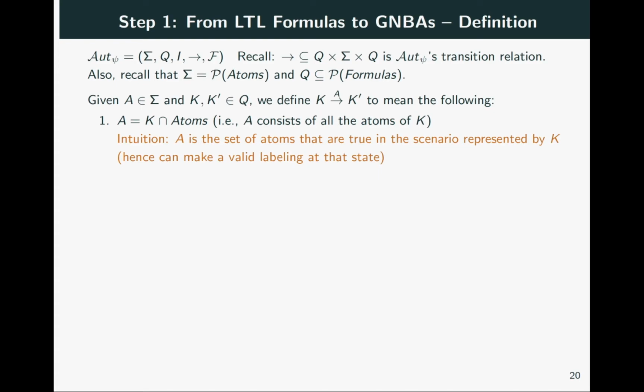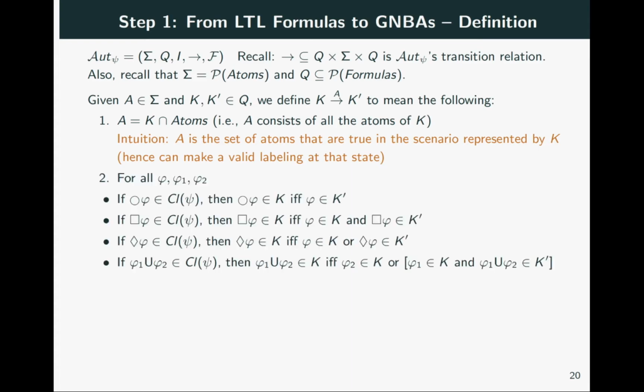Remember that our goal for our automaton A_psi is to accept atom set traces of such sequences, which are nothing else but sequences of atom set labelings. Second, we require that the following conditions hold concerning the temporal connectives.